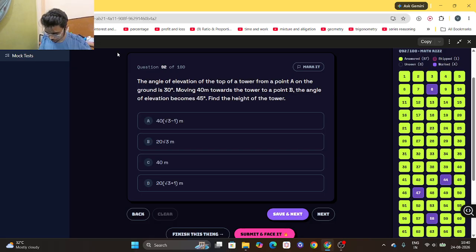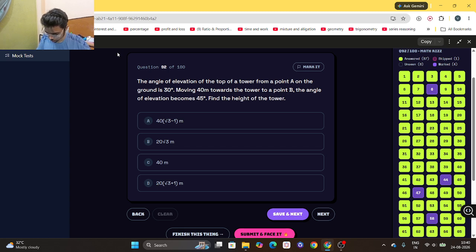Tan 30 degree will be x upon x plus 40. 1 by root 3 will be x upon x plus 40. X plus 40 is root 3x, and root 3x minus x is equal to 40. Taking x common, root 3 minus 1 times x is equal to 40.